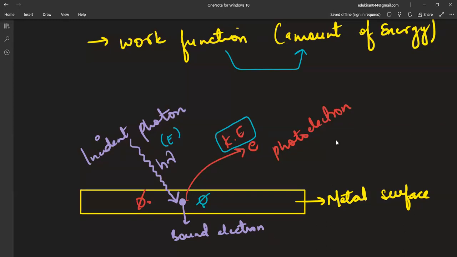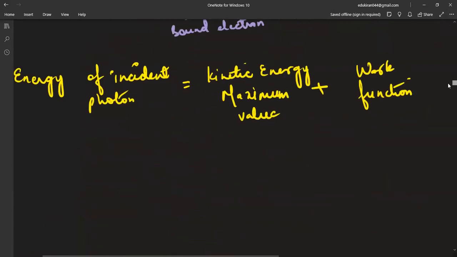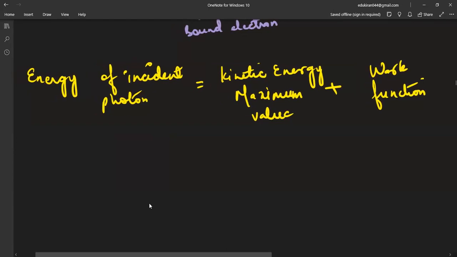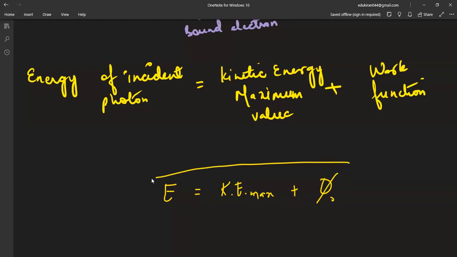So what is the total energy now? Total energy is the kinetic energy plus the work function. So the energy of the incident photon is equal to the kinetic energy plus the work function. Basically, the main equation that you will be using is E is equal to kinetic energy maximum plus the work function.